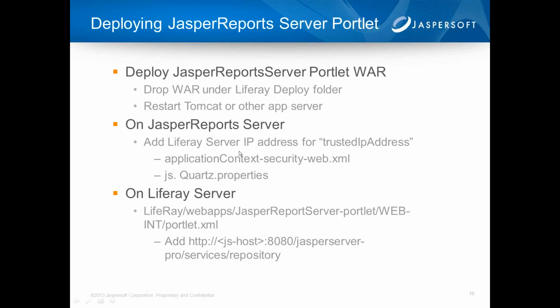Obviously, the Liferay server can be on the same domain or a different domain. Another file we need to update is the JS codes property file, and you just need to point to the Liferay IP address or domain name. On the Liferay server, you need to tell it where the Jasper report server is.